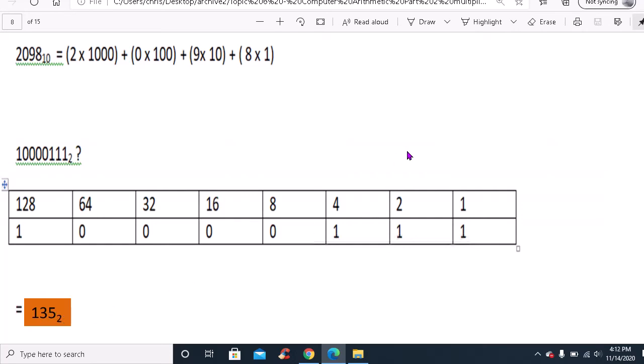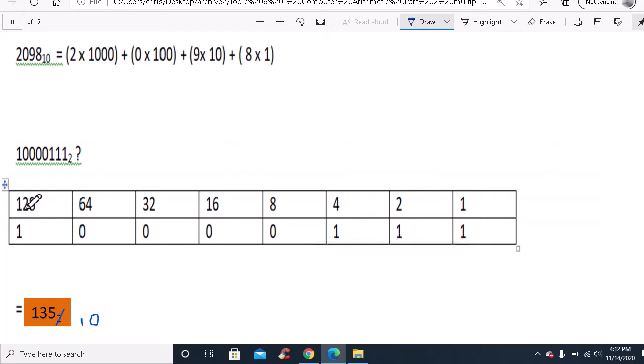And this is incorrect, so let me just correct this. This should be not 2. Let me try and cross that out. It should be to the power of 10. Okay. So this binary number, you can see, is equivalent to 135.